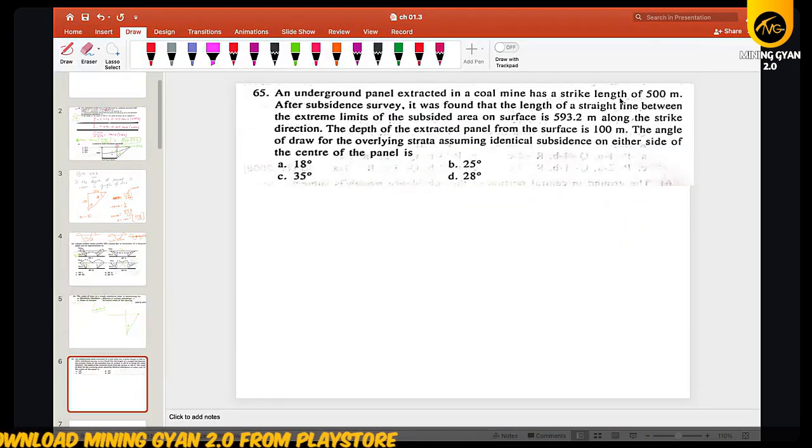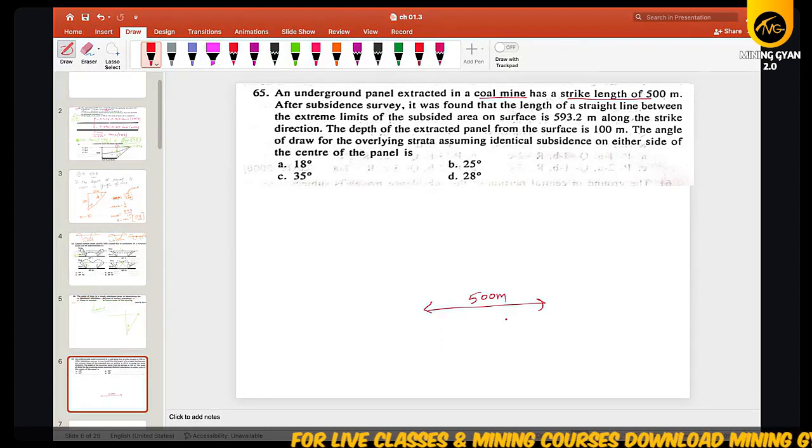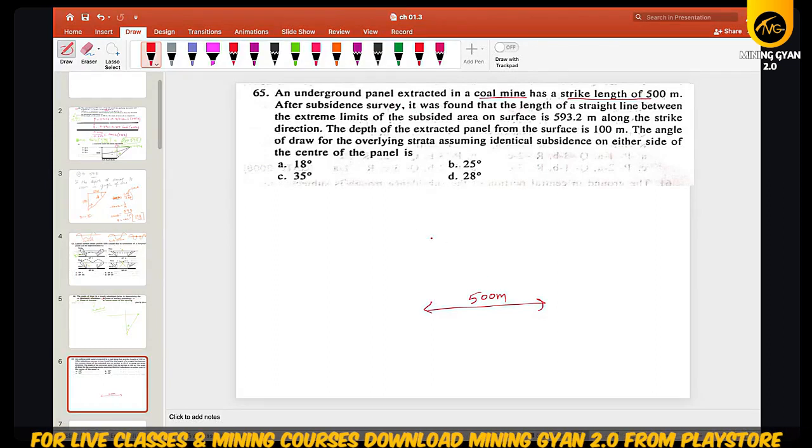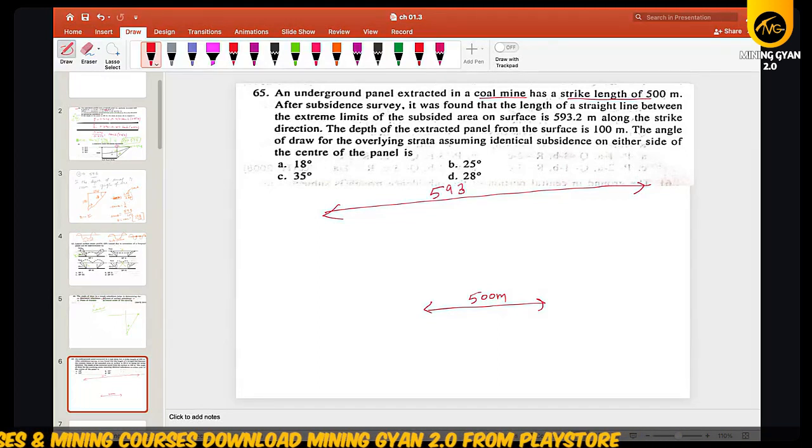Come to our numerical 65. An underground panel extracted in a coal mine has a strike length 500 meter. Suppose that this is your strike length 500 meter. After the subsidence, the surface subsidized area, suppose this is your surface subsidence, which is 593.2.